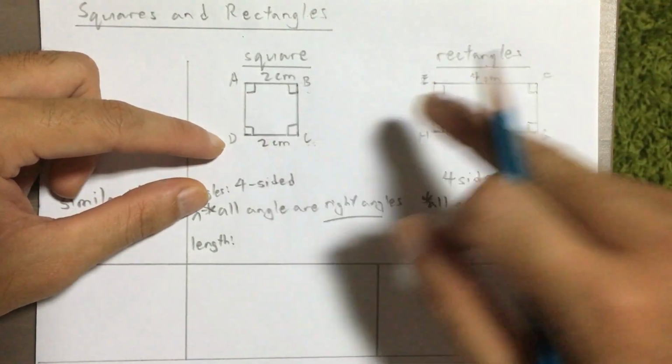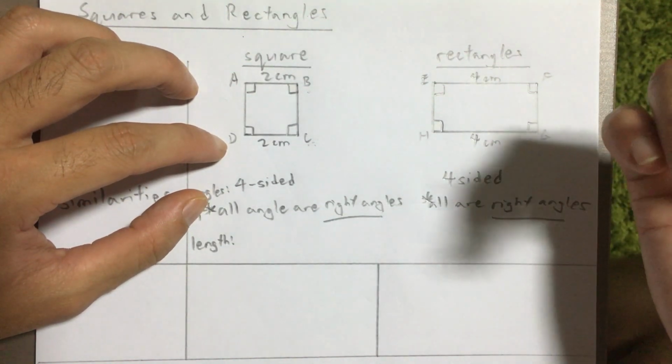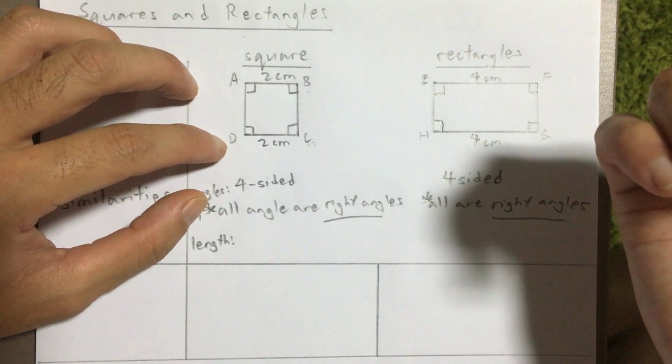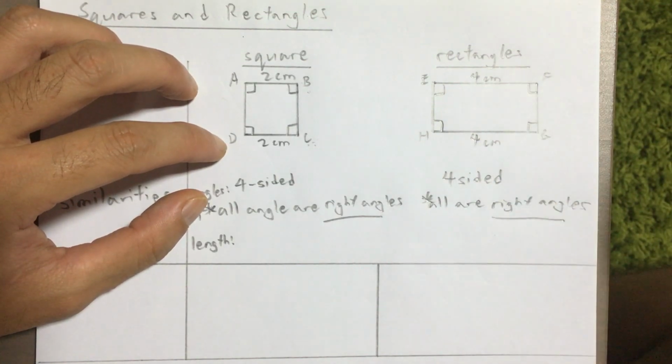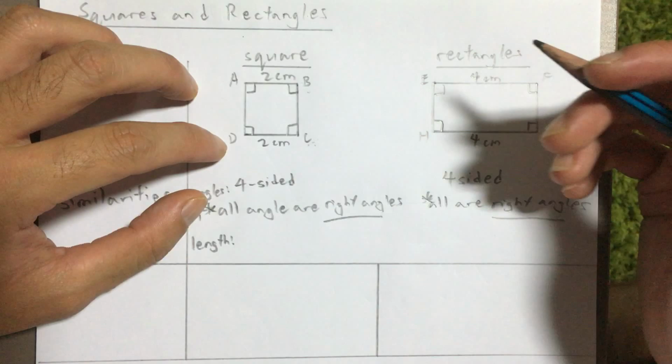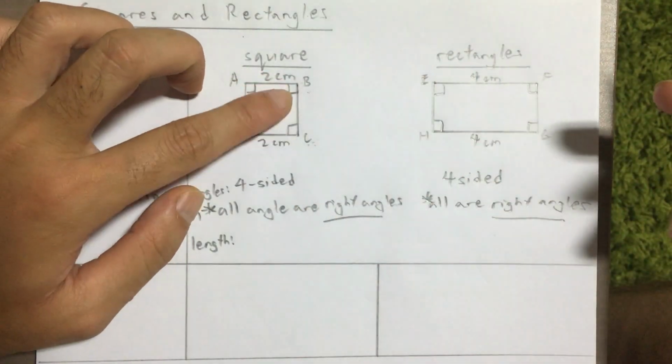So for squares and rectangles, the opposite sides are actually the same length. And the opposite sides are also parallel. Remember what we learned just now? Parallel lines are lines that never meet and they have equal perpendicular distance apart.